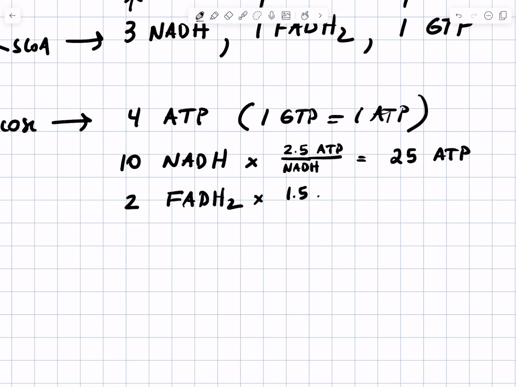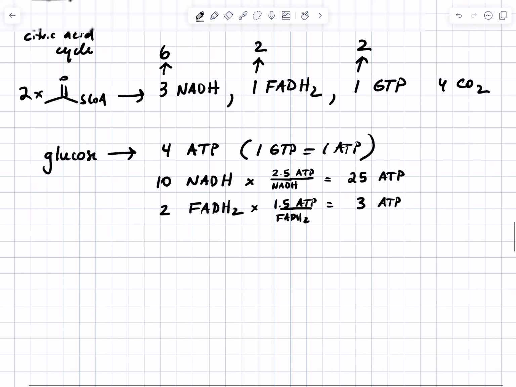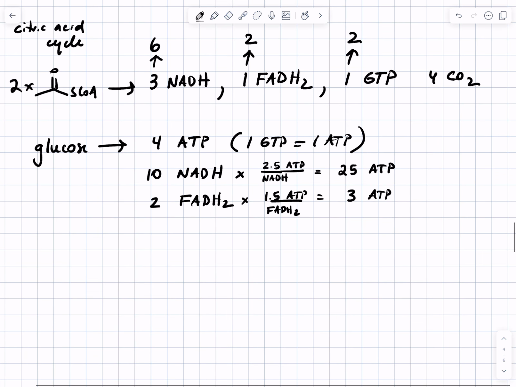And then 1.5 per FADH2. Have I missed anything? 2 times 1.5 is 3. So overall, the total yield of ATP for 1 molecule of glucose is 32 ATP.